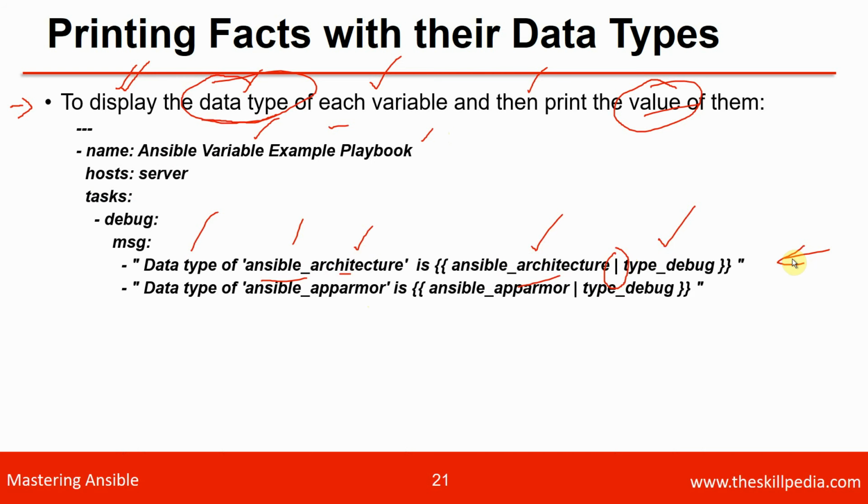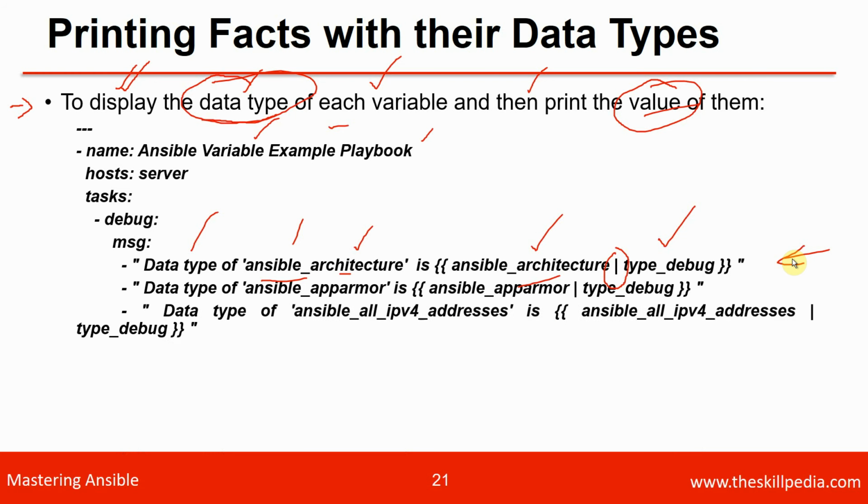Similarly, data type of ansible_apparmor is ansible_apparmor with this vertical bar, that is the filter, type_debug. The all IPv4 addresses variable will display all the IPv4 addresses. This is a list, so it should display the list. Again, variable name, filter, type_debug. This gives you good hands-on confidence on how to get the data type of the underlying variable, because then you can use this in a conditional expression to specify that if this is the data type, use this command or use this syntax.